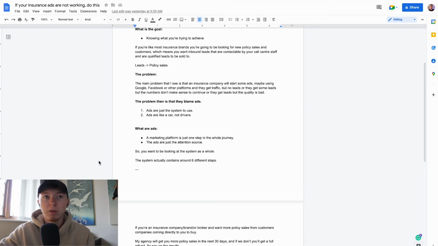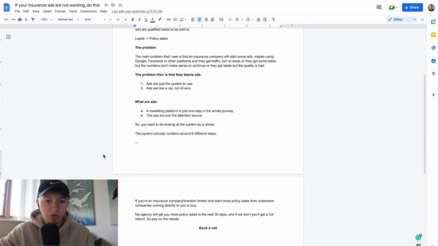So saying that ads don't work is like saying that all cars crash. Basically the ad platform is the car, and the process and the system that you use is the driver. So it's actually drivers that cause cars to crash, but not all cars crash. What I'm saying by that is that Google, Facebook, the marketing platform tends not to be the problem, but the system as a whole.